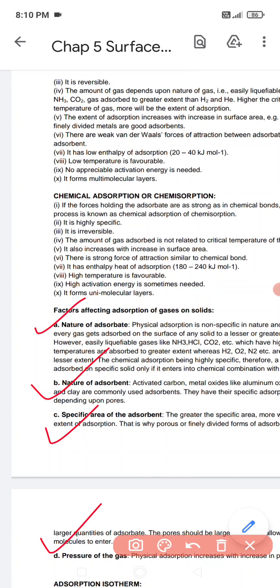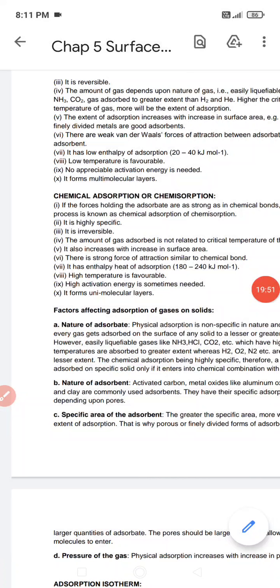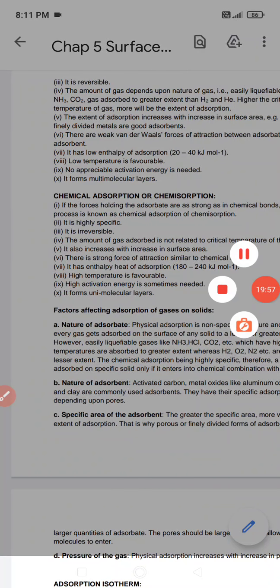Okay, so that was the introduction to the first part of the chapter. Here we have discussed certain basic terms, important terms, and the basic difference between physical adsorption and chemical adsorption.